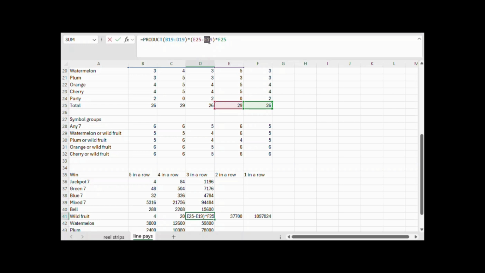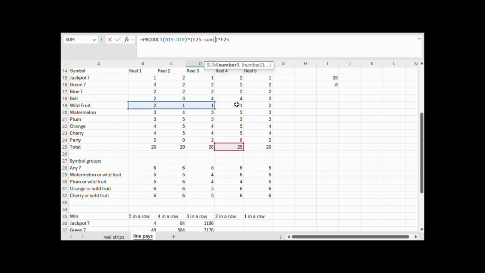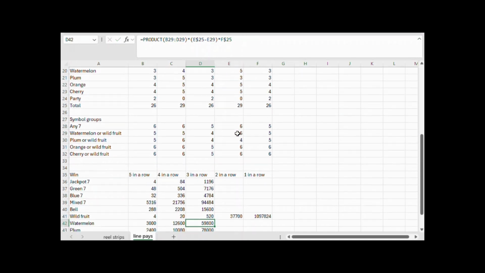Right now we're only taking out the wilds, but instead let's take out the number of wilds or any kind of fruit. So that brings that number of combinations down to 520.